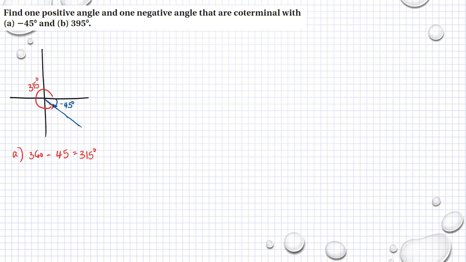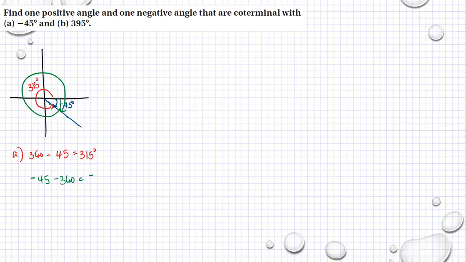But we also need to find a negative. So I need to start here and then continue one revolution and then go back there. Then I have for B now, for A, we have negative 45 minus 360.